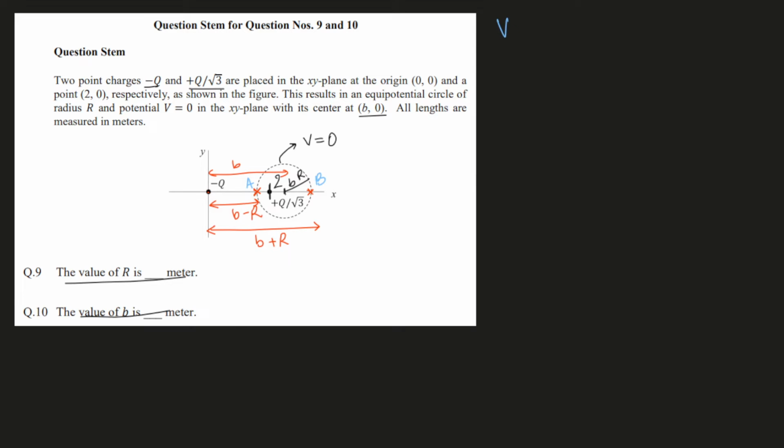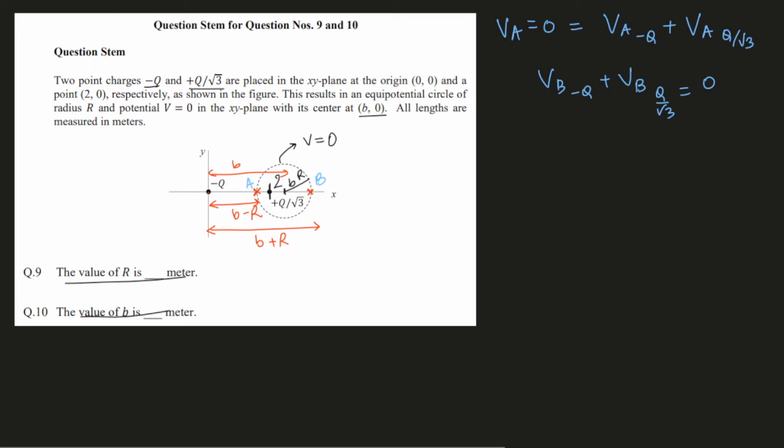Since the entire circle is an equipotential surface, the potential at A is equal to 0. That can be written as the potential at A due to the charge negative q plus the potential at A due to the charge q over square root of 3. Similarly, we can do the same thing for B. The potential at B due to minus q plus the potential at B due to q by square root of 3 is equal to 0.